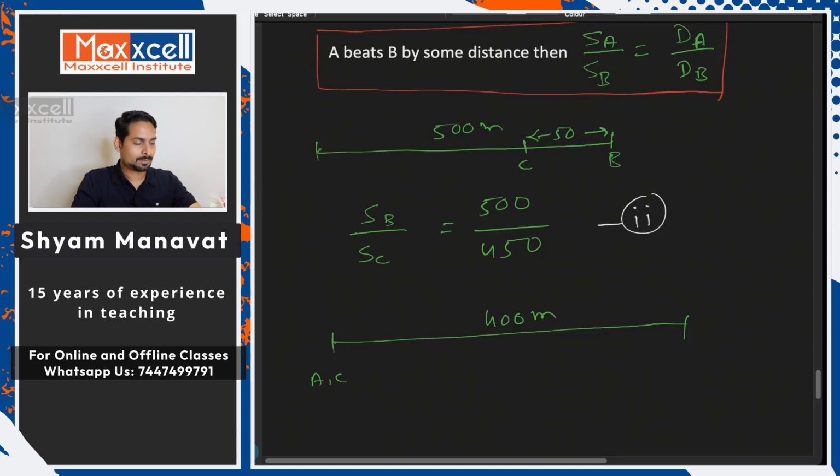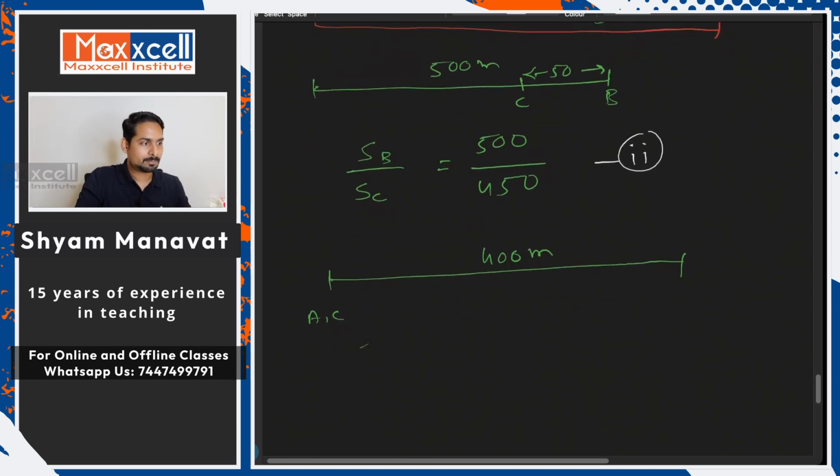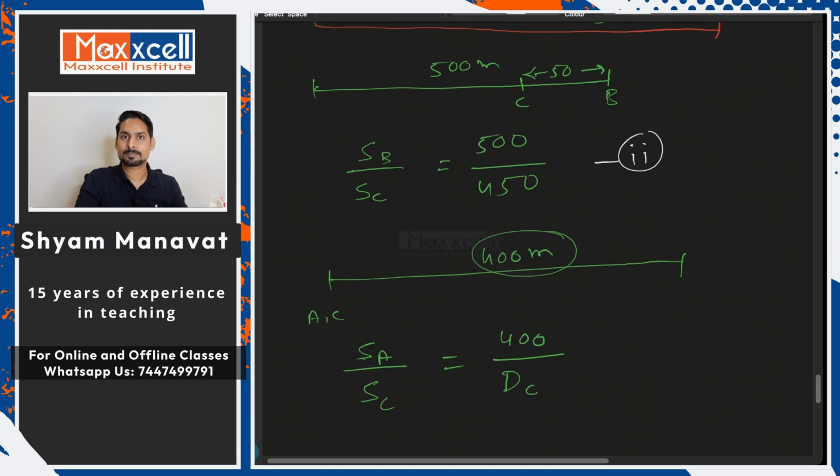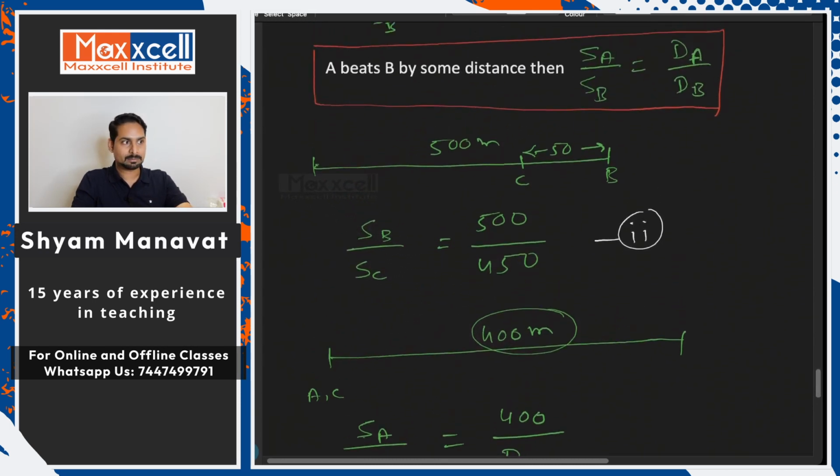That's the question. So here I will say, if A beats C in a race of 400 meters, then speed of A by speed of C should be equal to 400, because A is going to cover the entire race, divided by the distance covered by C. I hope all is going well.